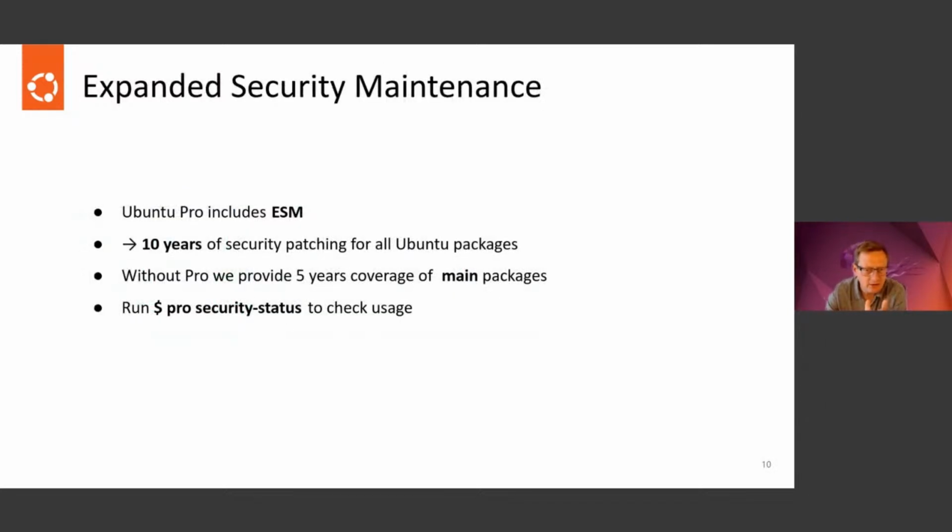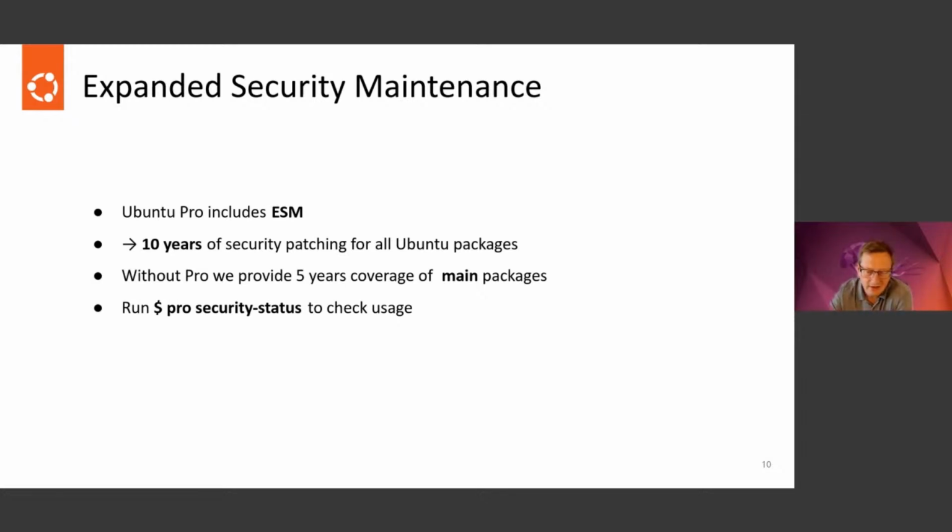With Ubuntu, normally we give 5 years of security patching on the main set of packages within the operating system. This is about 2,500 packages which form the core of the Ubuntu OS, and a set of popular applications which people typically use. Within the Ubuntu ecosystem, there are about 25,000 other packages which we enable people to use.